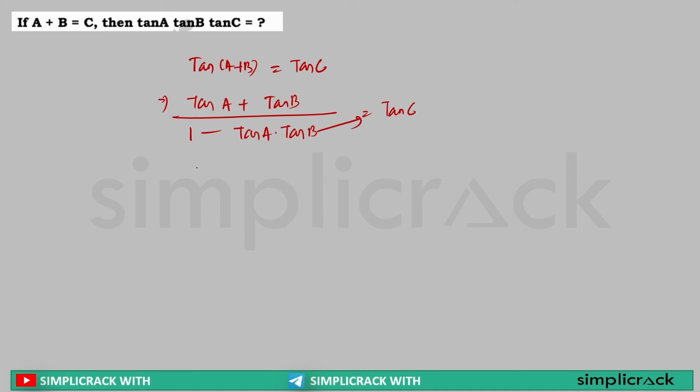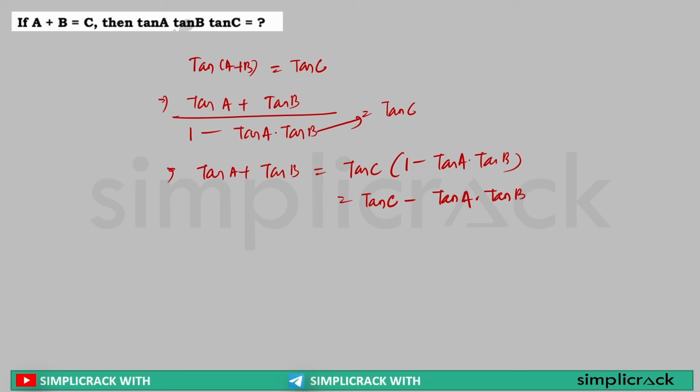Now cross multiply here. So tan a plus tan b is equal to tan c multiplied by (1 minus tan a into tan b), which can also be written as tan c minus tan a into tan b into tan c. Yes or no? Yes. Now I need this value, so I will take it to this side.